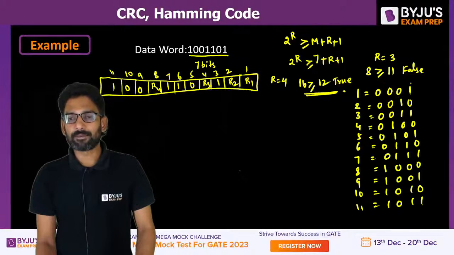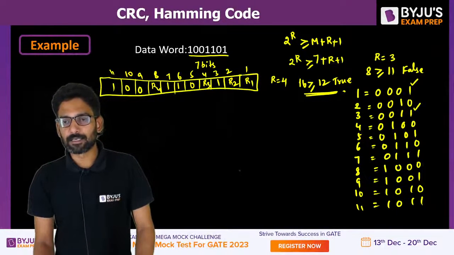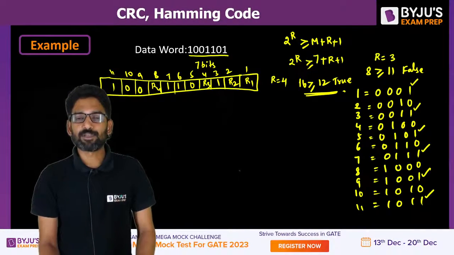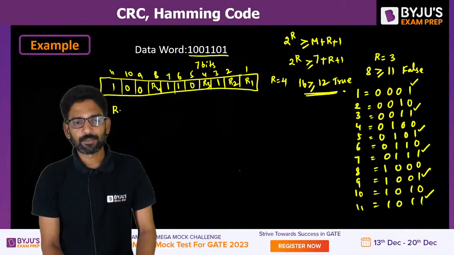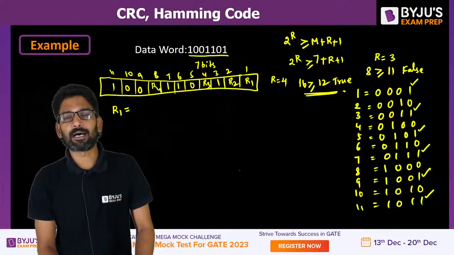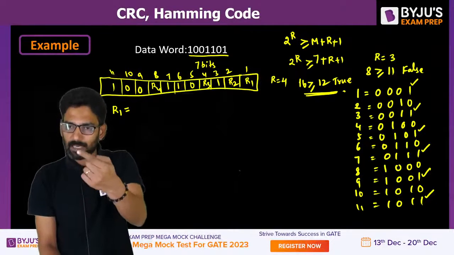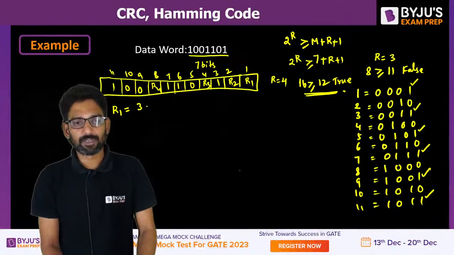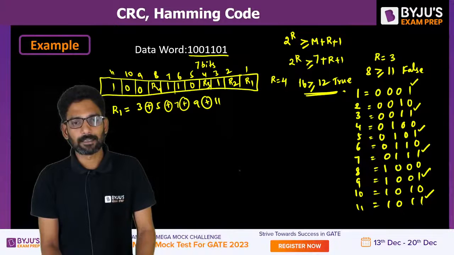Once you mark this, which positions have ones in the first position? First position is R1's position, right? So if you want to calculate R1, what other positions have ones in the same place? Third position, fifth, seventh, ninth, 11th.